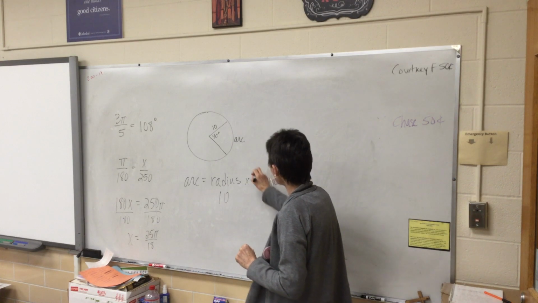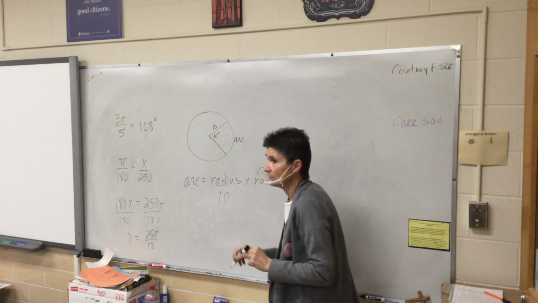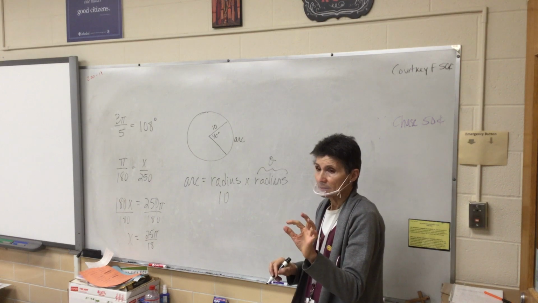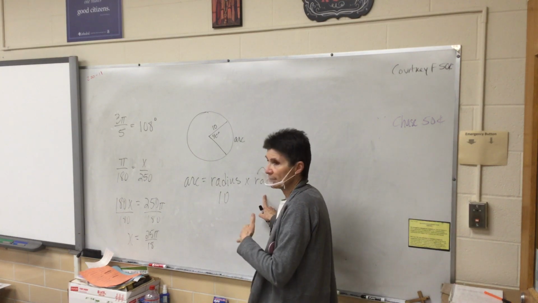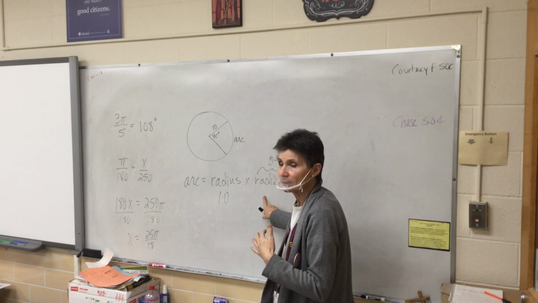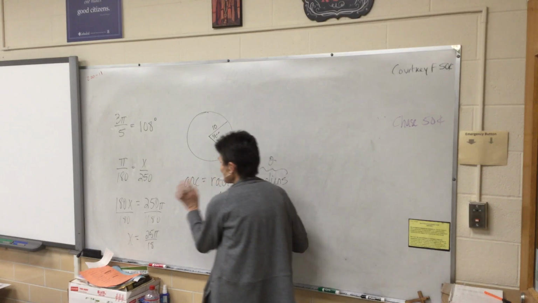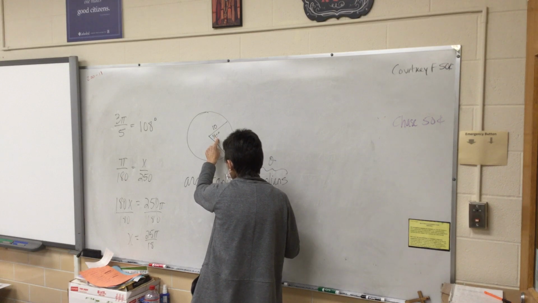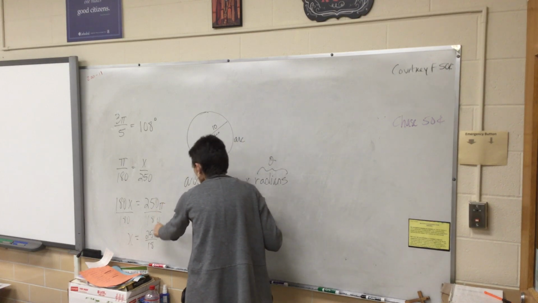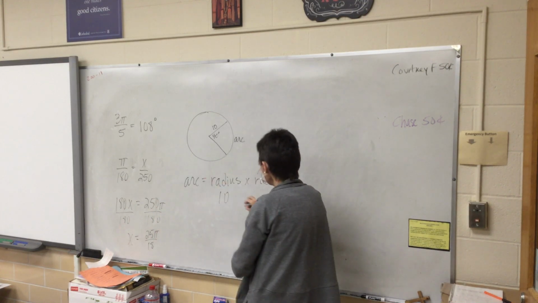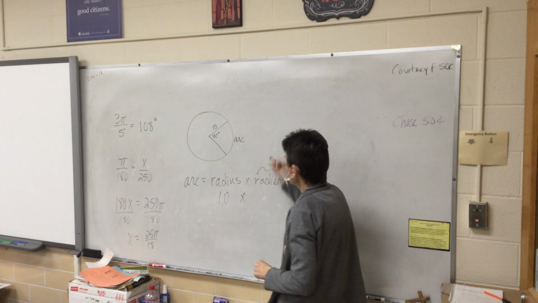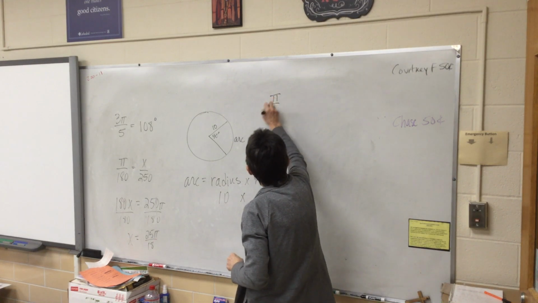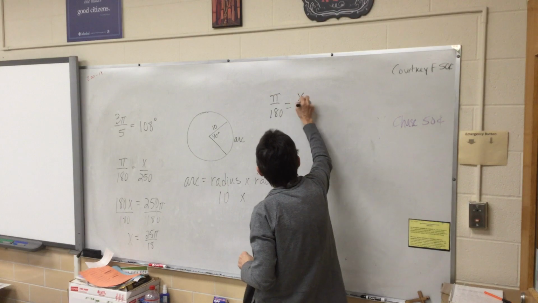And we do not have the radians. This is the angle, but it's in degrees. And you can't put 40 here because 40 is a degree measure. So we're going to do exactly what we just did. We're going to change 40 degrees into radians so that we can plug it into our formula. So pi is to 180 as x is to 40.